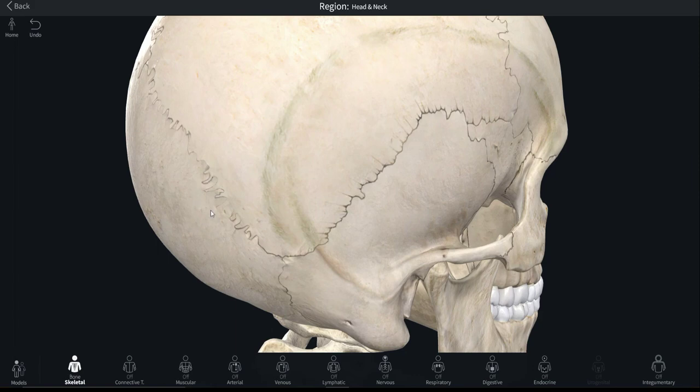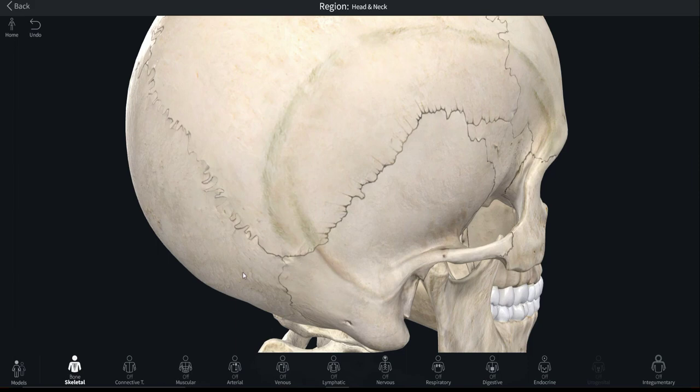But we need to be a little bit more precise, right? So when precision is concerned, what is this part of the temporal bone? This is something that I've already discussed. Yes, that is the mastoid part of the temporal bone. And what is this?